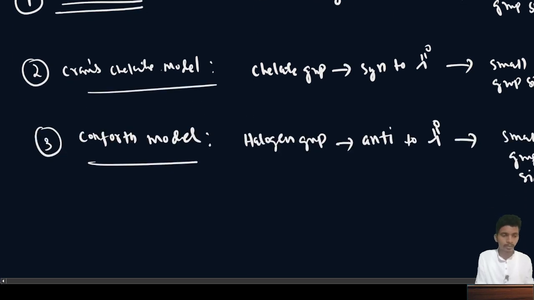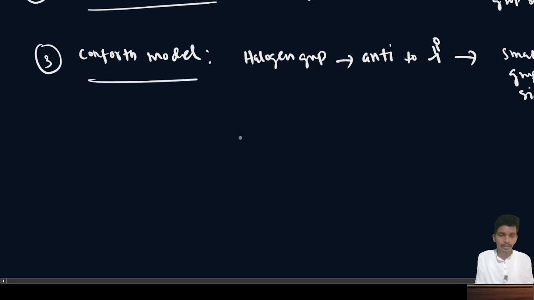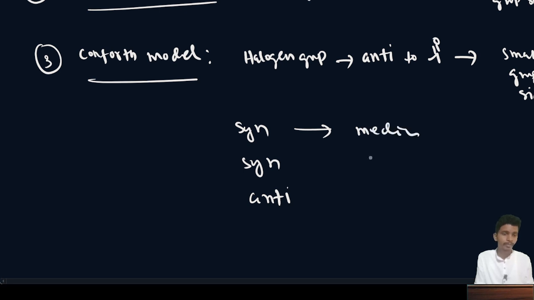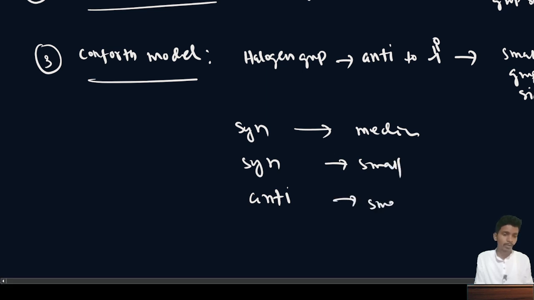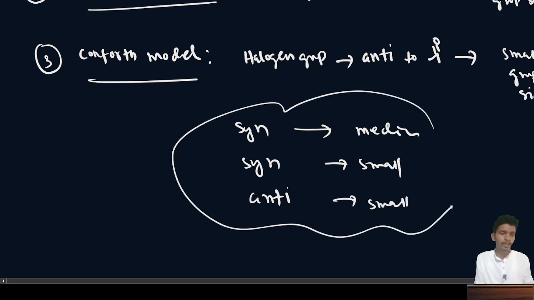Okay, so we can remember this in a simple way: syn, anti, and for this we will see first medium, and then small, small. So we can remember it like this: syn, anti, then medium, small.